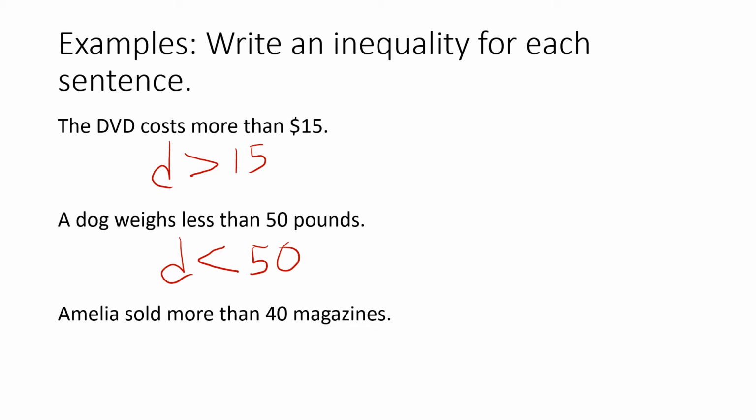So we'll use A, actually, let's use M for magazines. The number of magazines she sold is more than 40, so M > 40. And again, if we go back to that table, we can see more than, less than, more than. Those are helpful phrases for us to remember how to write these inequalities.